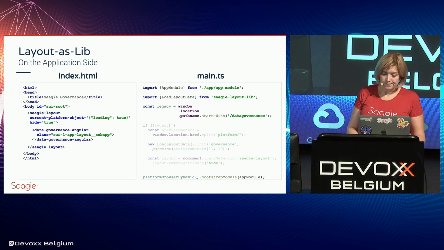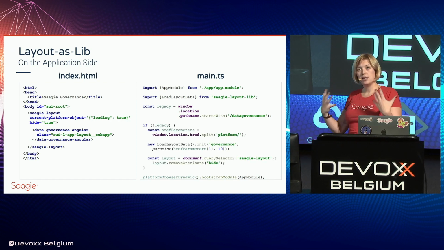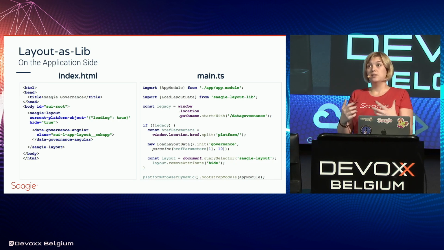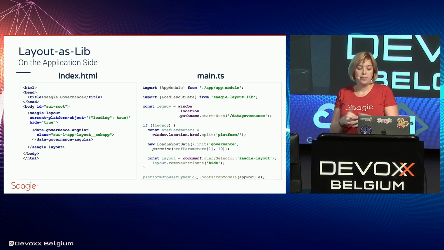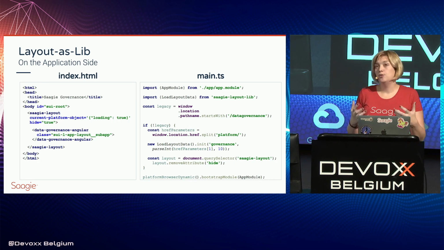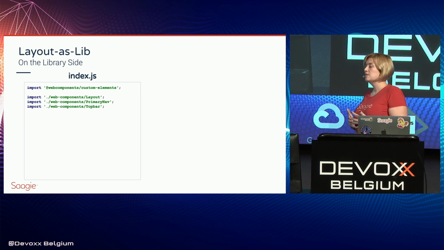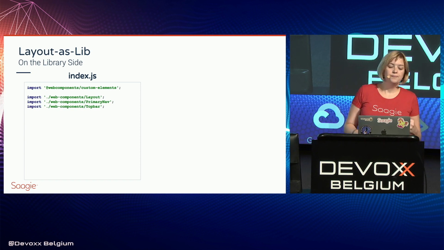And if we are not, we're going to call a class, the load layout data class, call the init method and pass it all proper parameters. And then we're going to call our Saagie layout component and remove the hide attribute to make it visible to our users.